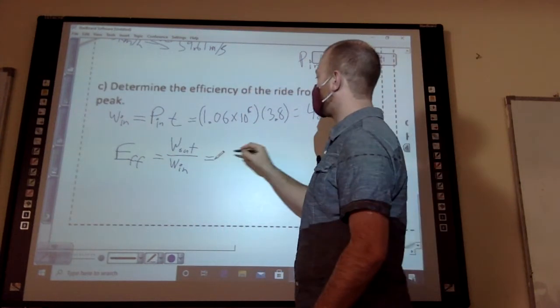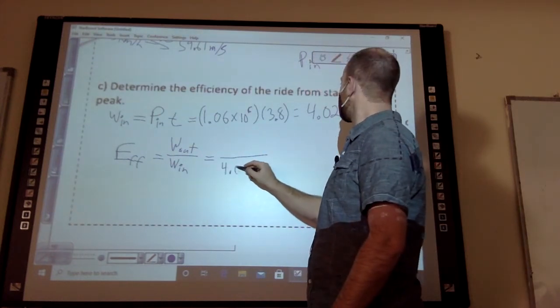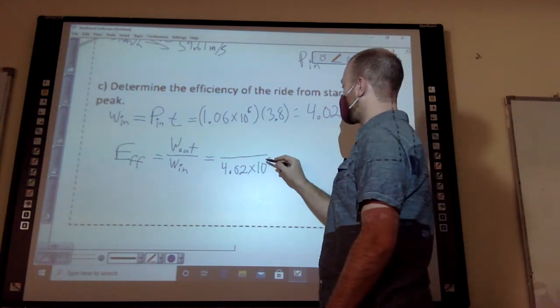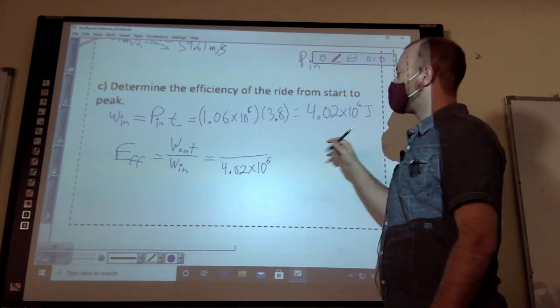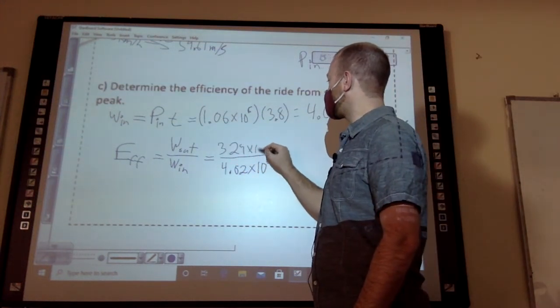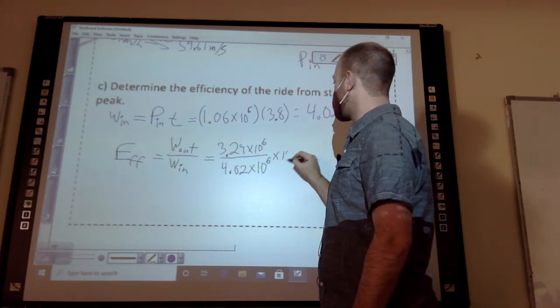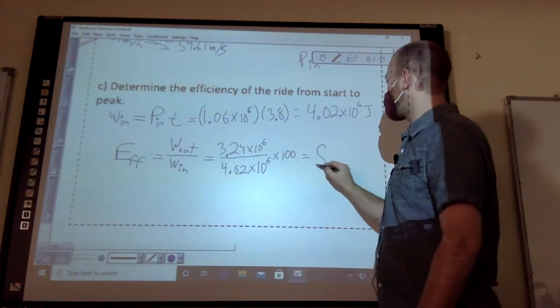When I searched it up, the only machines that have 100% energy efficiency are machines that move energy and not convert it. Okay, that makes sense. 3.29. Thank you. And then times by 100, we'll get our percent. So this gives us 82%.